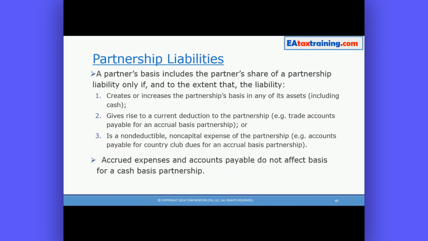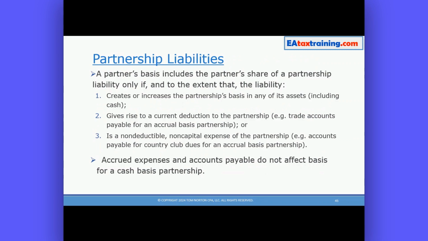So the rule to remember here is if you have an accrual basis partnership, then the partners get basis for their share of the accounts payable. If you have a cash basis partnership, the partners do not get basis for their share of the accounts payable. That's what you need to remember for the exam.